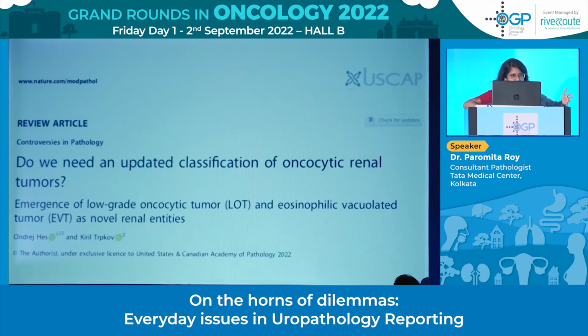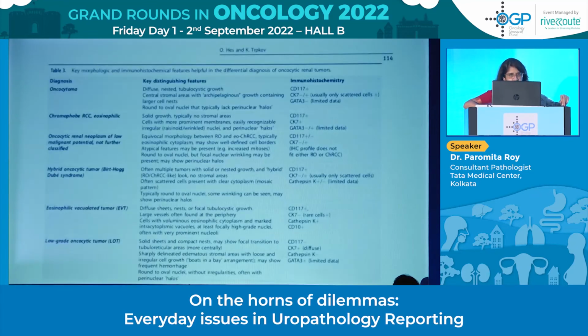So this case I'm sharing actually as a tribute to Dr. Hes, who's done the most work on renal oncocytic tumors, and they have recently come up with this category. So our differentials here are oncocytoma, chromophobe RCC. There were some features of oncocytoma, and yet there was some atypia, some clearing, but not the typical features of chromophobe RCC.